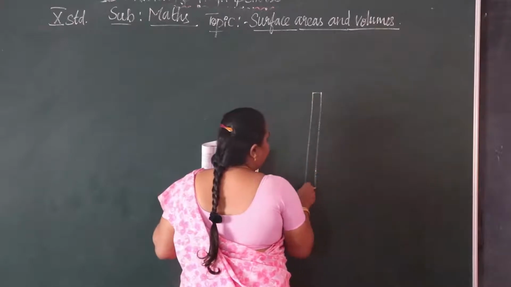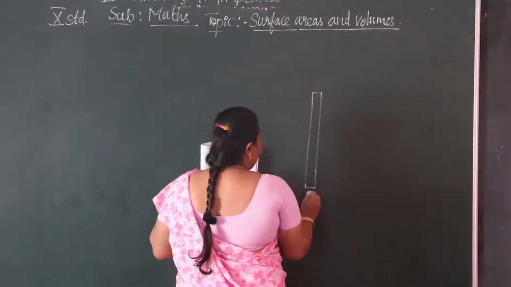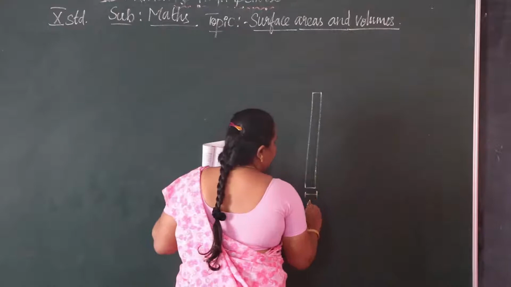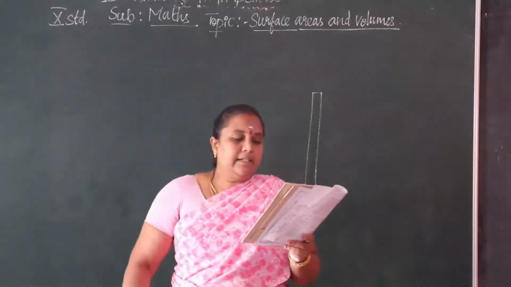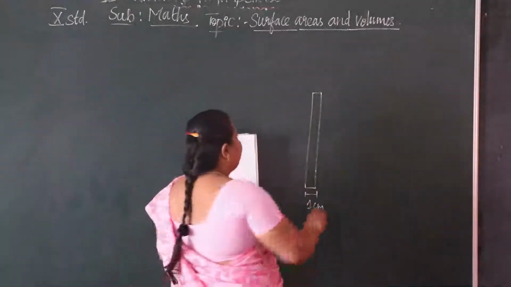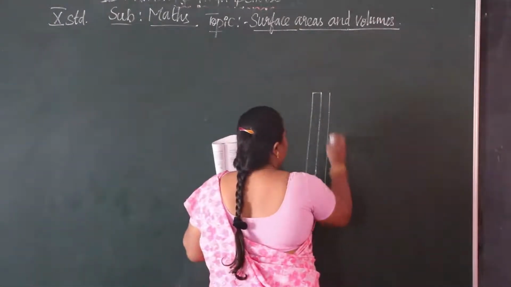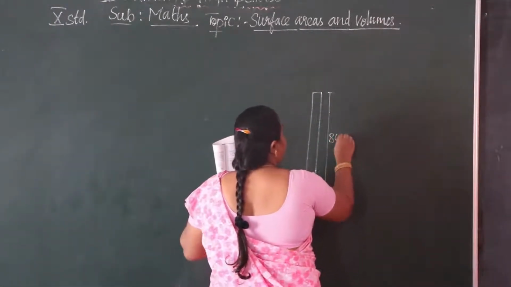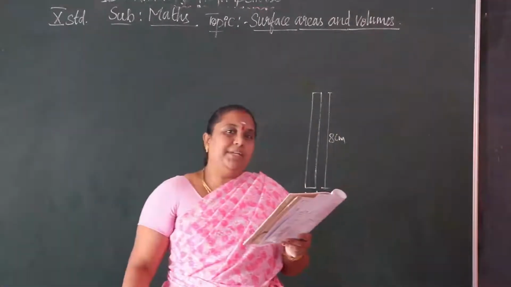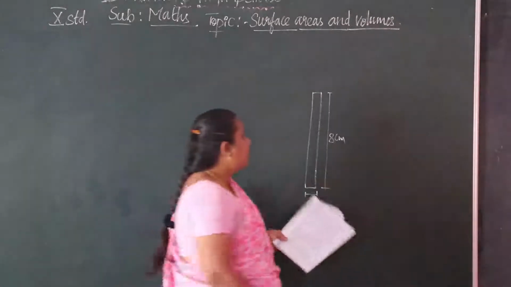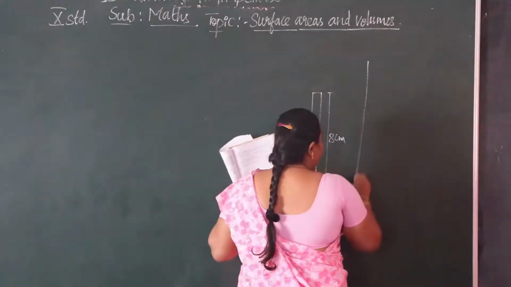Diameter is 1 centimeter, and then length is 8 centimeter. It is drawn into a wire of length 18 meter. It can be changed into 18 meter.